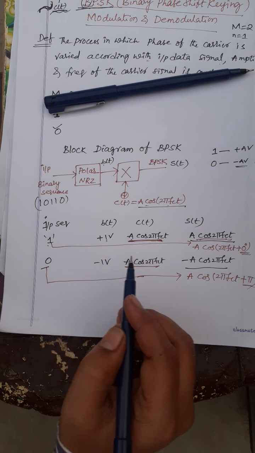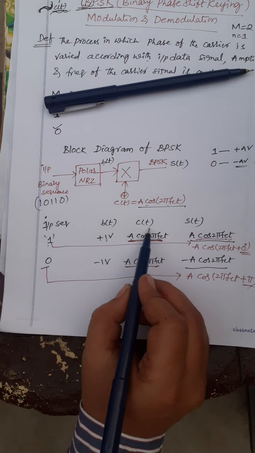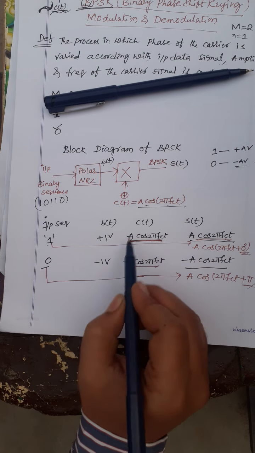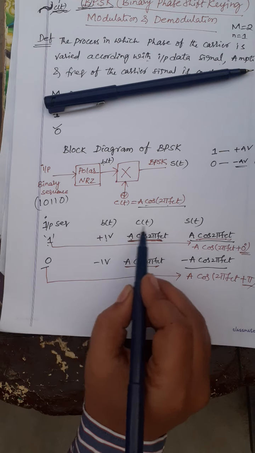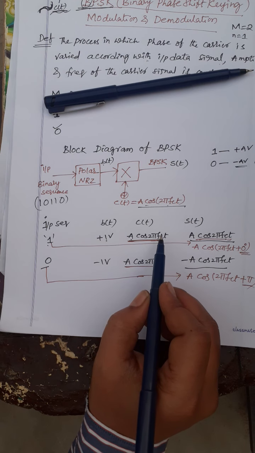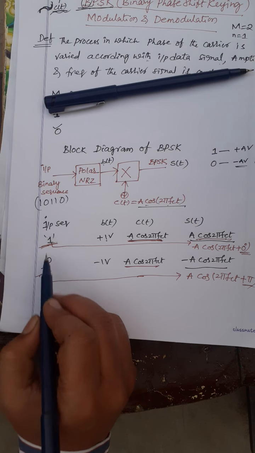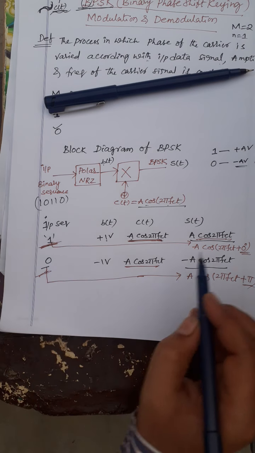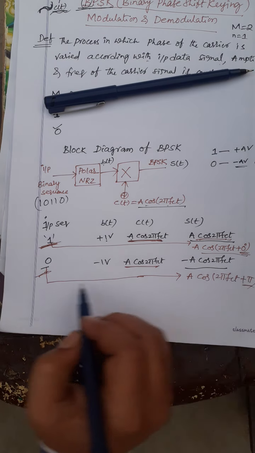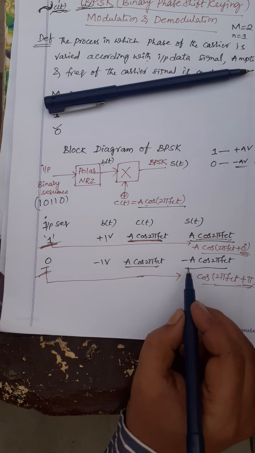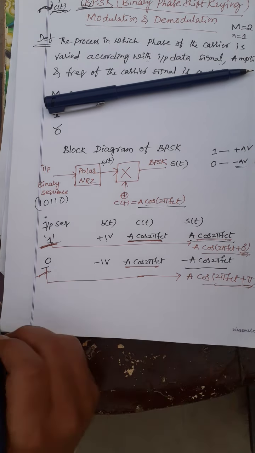So the definition is that the carrier signal phase is varied according to the input binary sequence, 1 and 0. When 1 is transmitted, my modulated signal is this one. When 0 is transmitted, it is a 180 degrees phase shifted signal, so you will get minus A cos 2 pi fct. Okay, so this is the block diagram of BPSK.